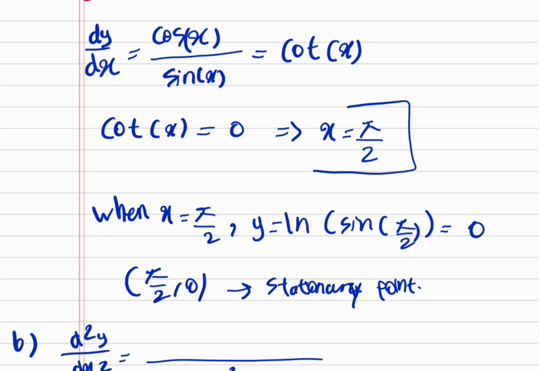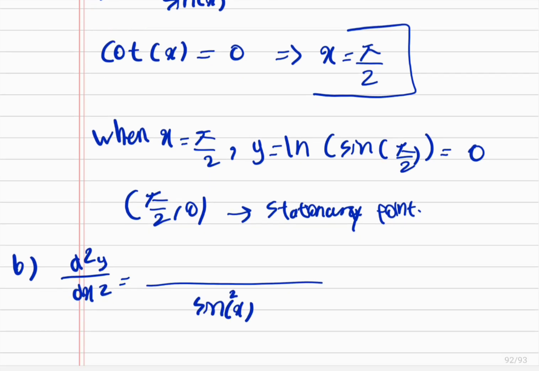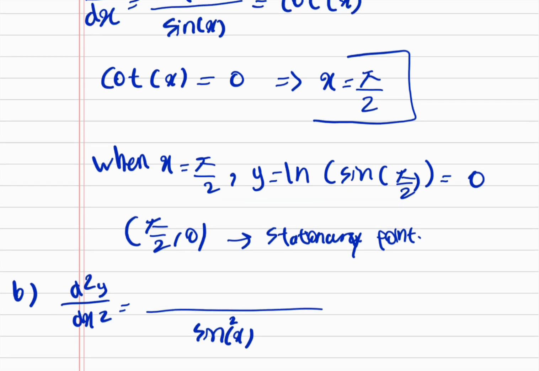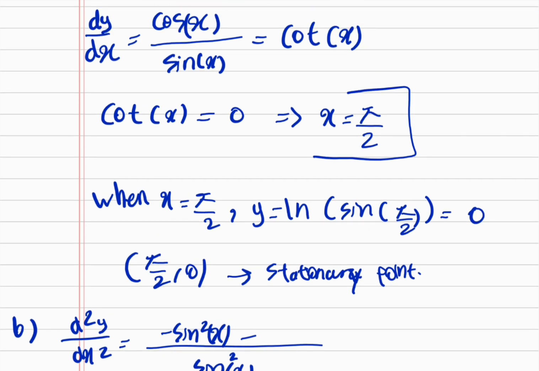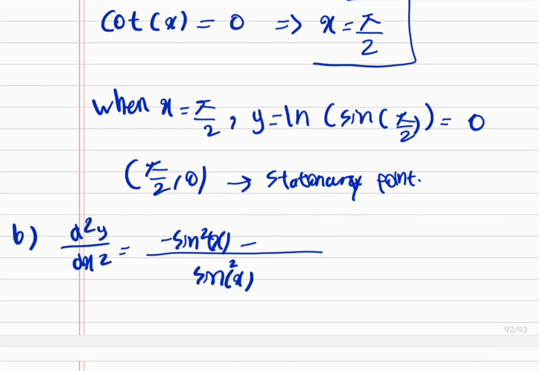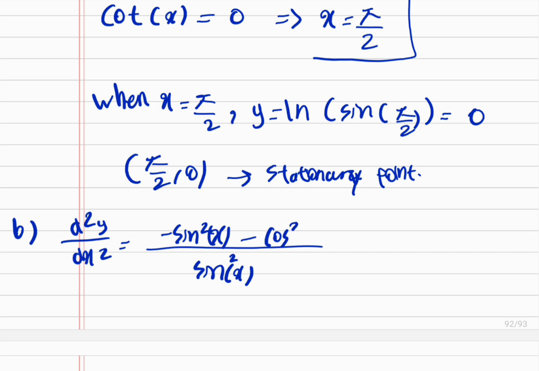So cos x differentiates to minus sine x. So sine x times minus sine x is minus sine squared x. Then minus, this time, the numerator function times the derivative of the denominator function. So cos x times the derivative of sine x, which is just, again, cos x. So it's going to be minus cos squared x.